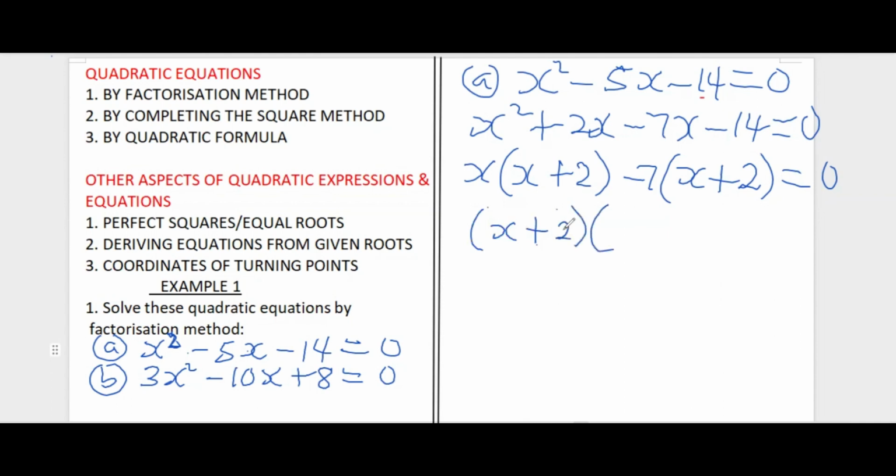Then you open another bracket. If you say the whole of this one divided by x plus 2, it will cancel x plus 2, and you have x left. If you say negative 7 times this, divided by what you have outside, the whole value inside the parentheses cancels, and you have negative 7 left, equals 0.